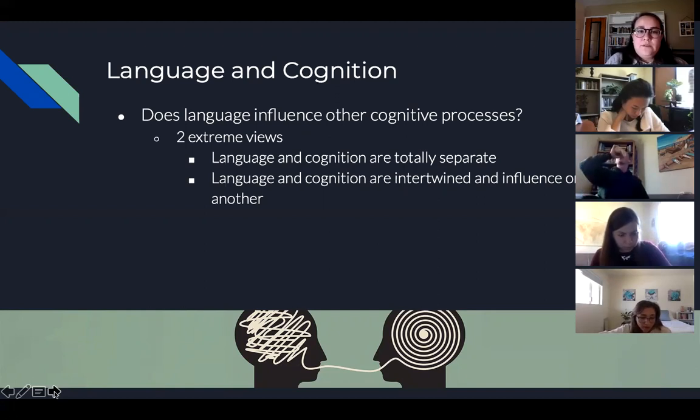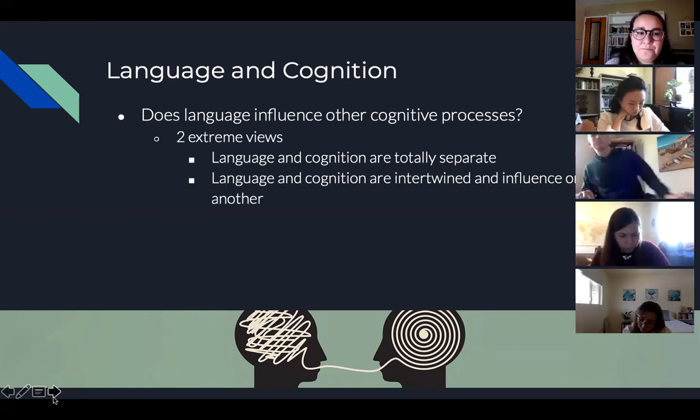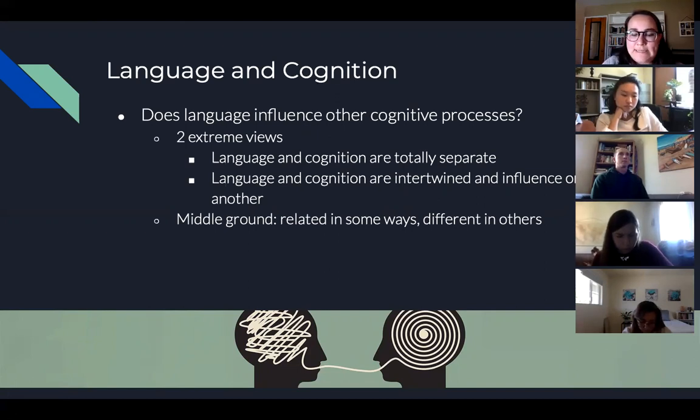And then the extreme opposite stance is that language and cognition are really intertwined, and they have this sort of reciprocal influence on one another. And then, of course, because the world is not actually black and white, there's a middle ground. There's a camp of people who support a middle ground, that language and cognition might be related and connected in some ways, and they also might be more separate processes in other ways.